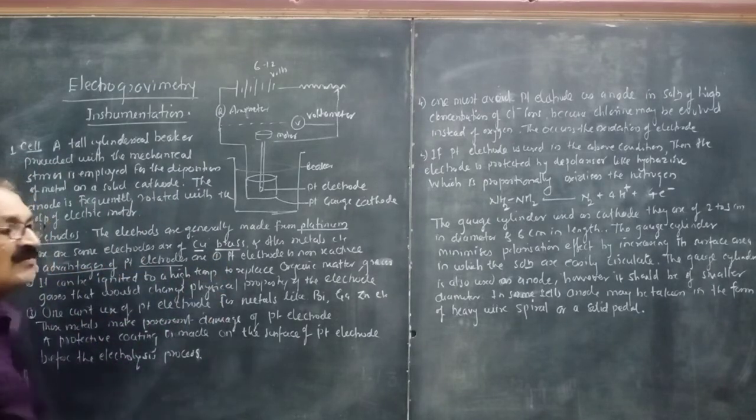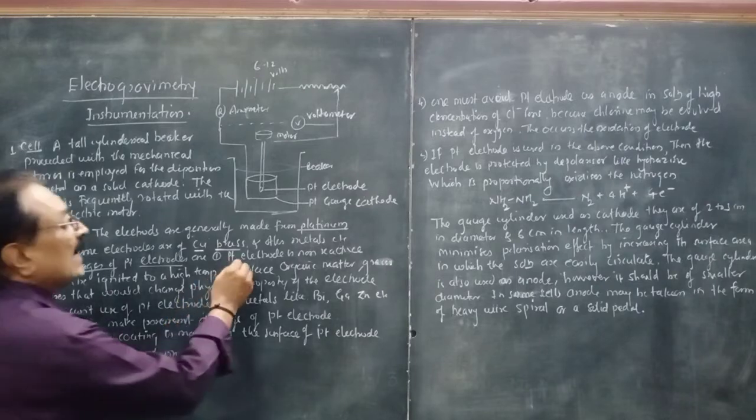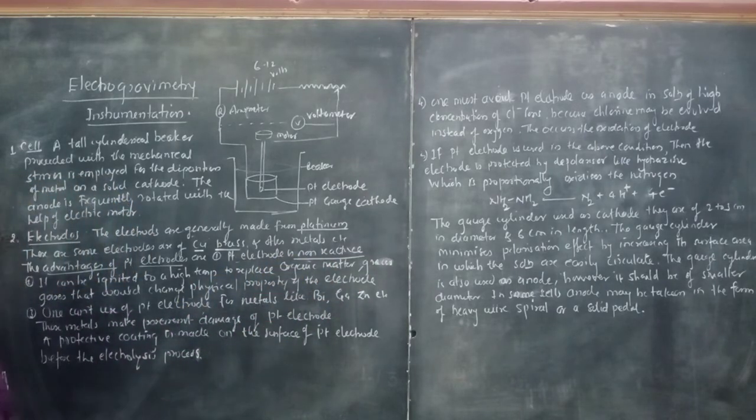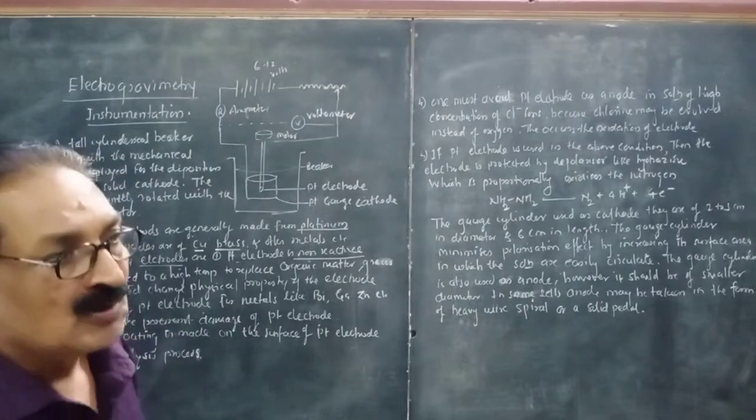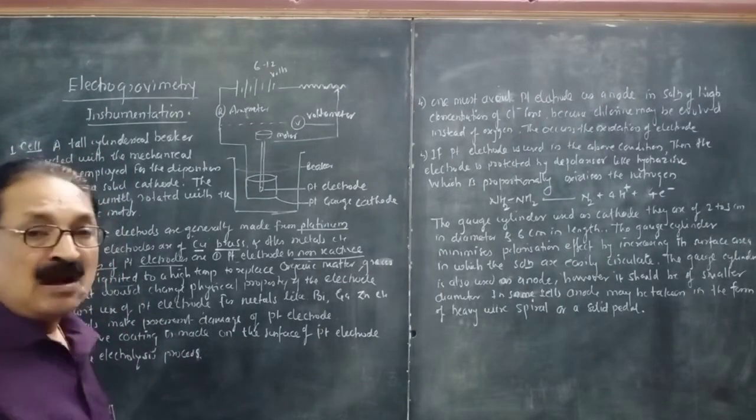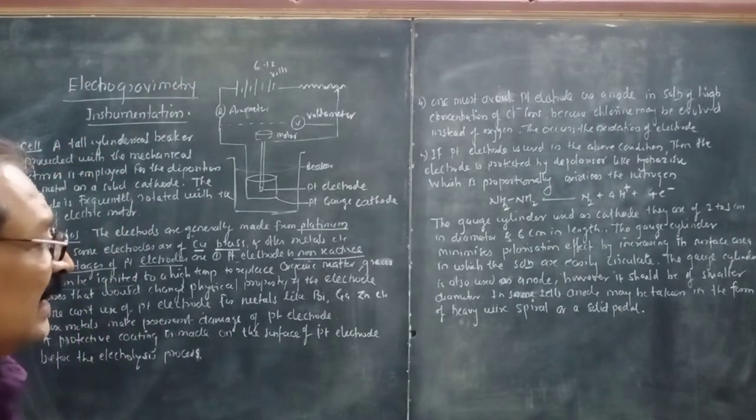What are the advantages of the platinum electrode? The platinum electrode is non-reactive. Platinum is an inert metal, and because of this non-reactive or inertness property, the platinum electrode is used. The second one is that it can be ignited to any high temperature, to remove the metal that is deposited, or if any organic compounds stick to the electrode.